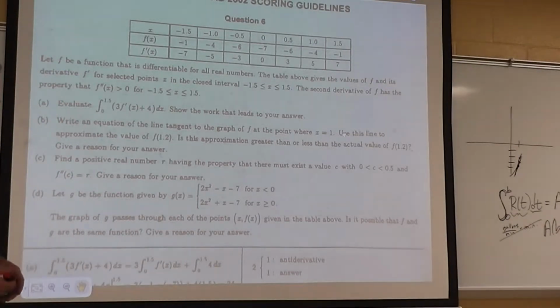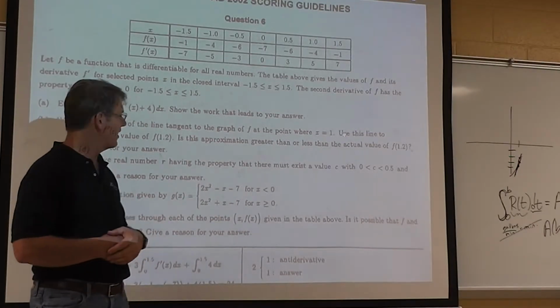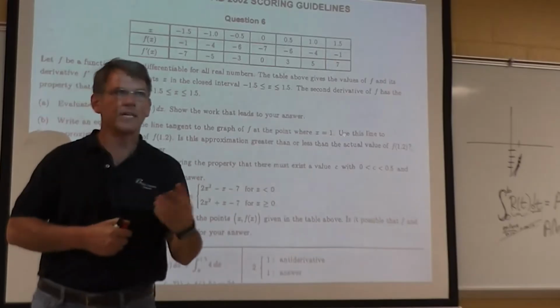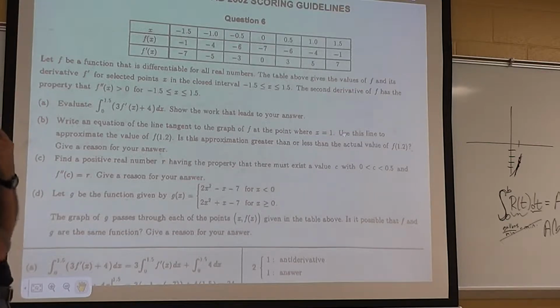Well, at 0, they both have the same y coordinate, -7. Was that the y coordinate in the table? Yeah, okay, that's cool. And they told us that was going to be the case. Now, what you've got to think about is whether this is going to match up with slope and concavity.